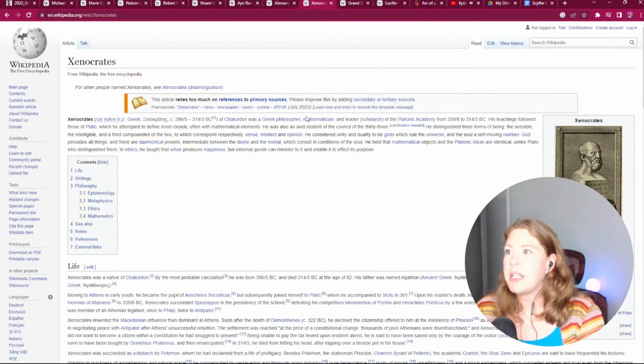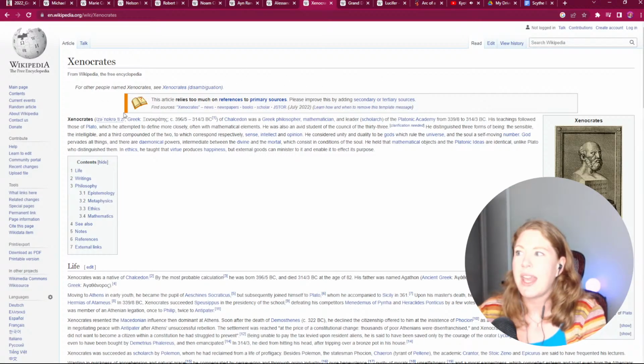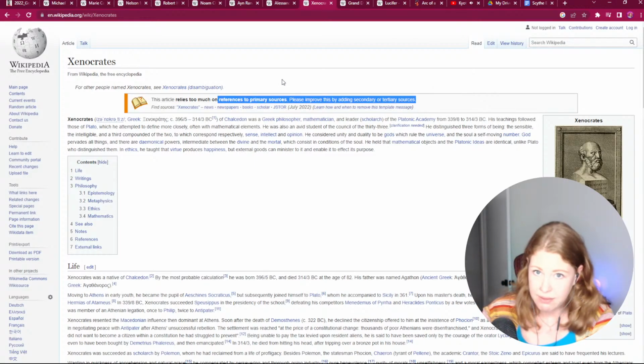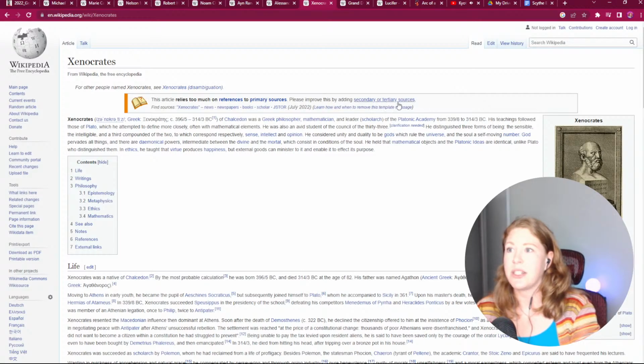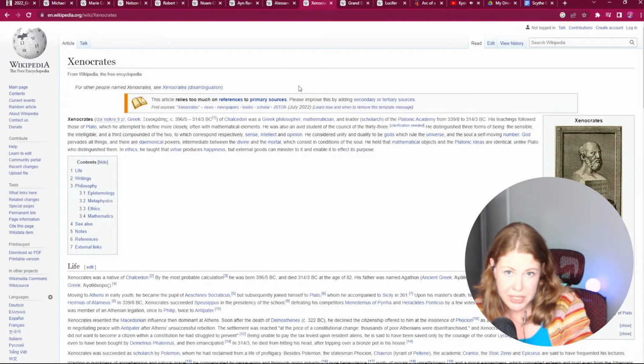Here we go: "This article relies on references to primary sources, please improve by adding secondary and tertiary sources." The only thing I'm going to say about this is that relying on primary sources is not a bad thing. Yes, you do want to have secondary and tertiary sources, but primary sources are the first degree, right?